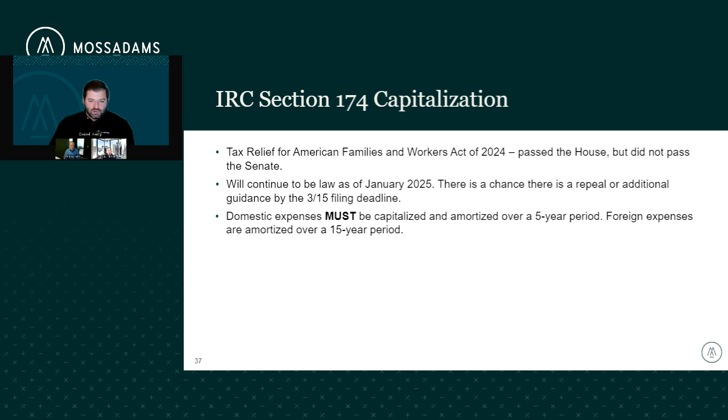And we've touched on this briefly, and I know I'm at my time, so I'm going to go through this quickly. 174 capitalization requires you to capitalize R&D expenses over a 5-year period. You can no longer expense them fully in the year in which they are incurred. We're hopeful that this either is changed going forward with the new administration, or there's possibly even a retroactive change.